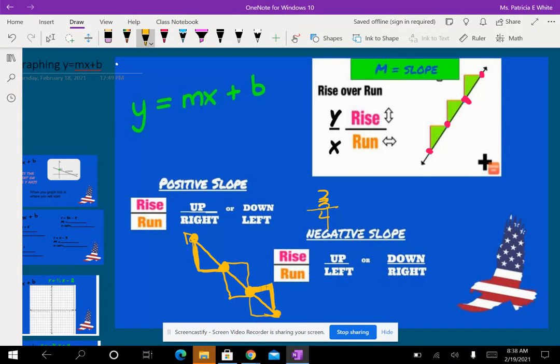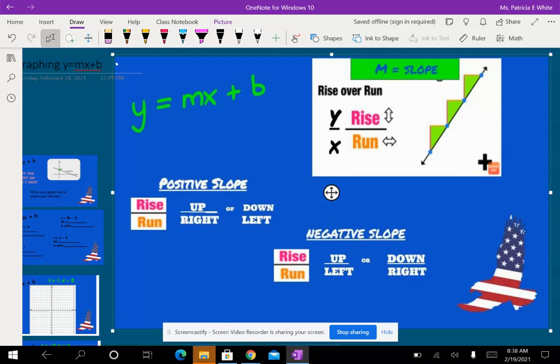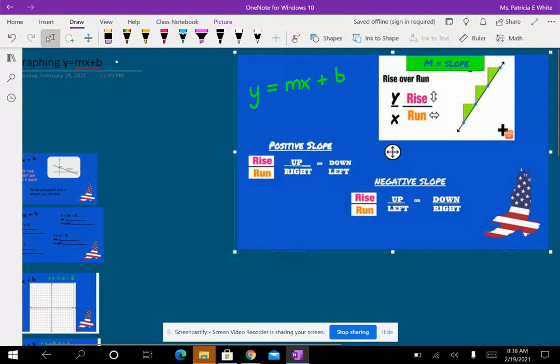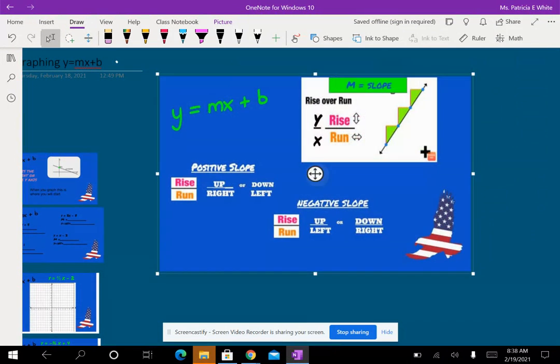Okay, so that's how we use the slope to get our new points. When I have a starting point and I need to continue to find other points on my line, that's how I'm going to use my slope to find those points.